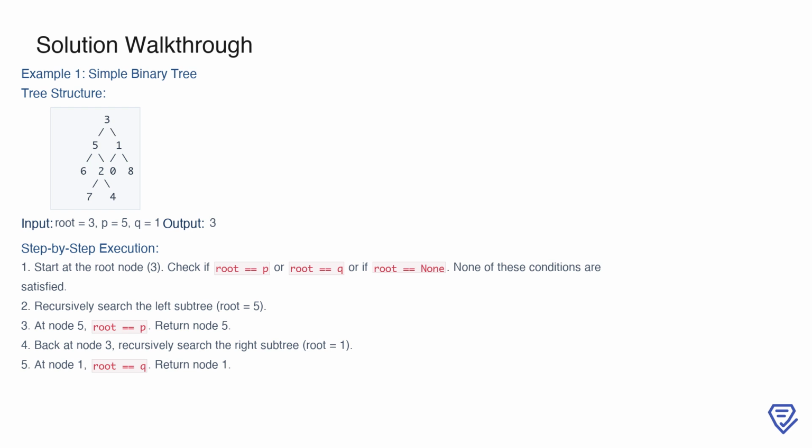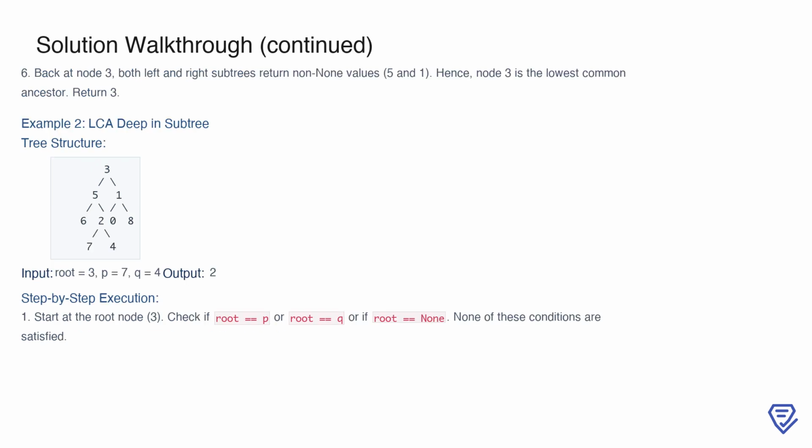Next, we go back to node 3 and explore the right subtree. Here, the root is 1, and since it matches the other target node, we return node 1. Now back at node 3, we observe that the left and right subtrees have returned non-null values, specifically nodes 5 and 1. This means that node 3 is the lowest common ancestor of nodes 5 and 1, so we return 3.